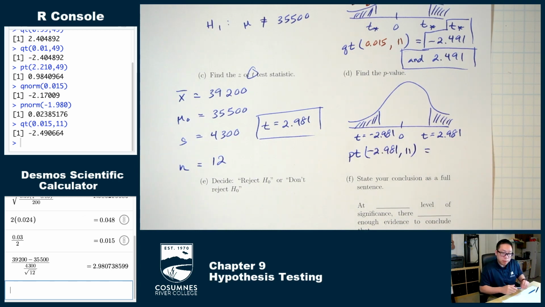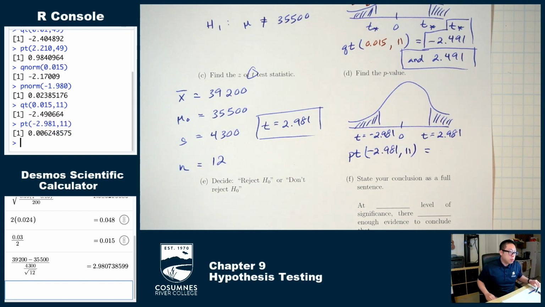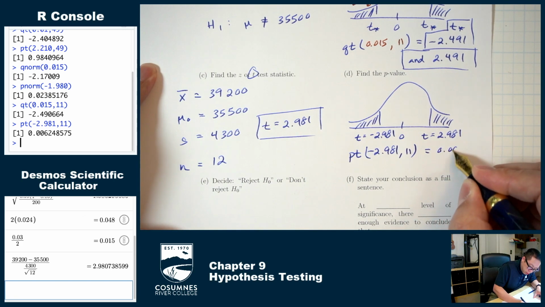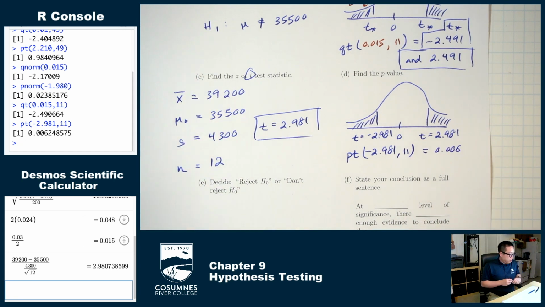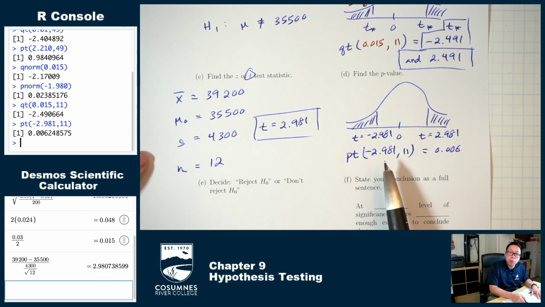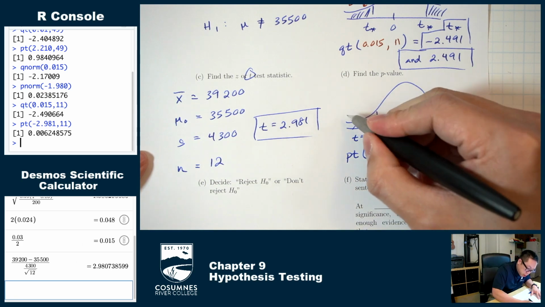So pt in R, negative 2.981, comma 11, 0.006. Now we're not done. Okay, 0.006 is the area to the left of negative 2.981. So that's this part.